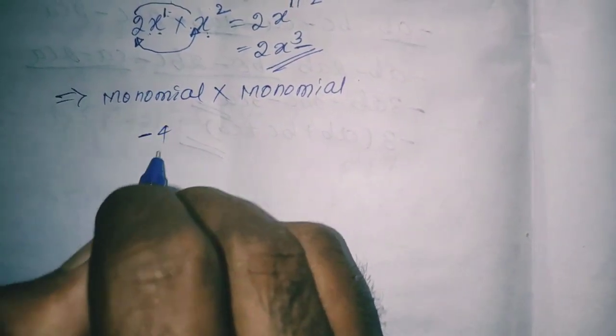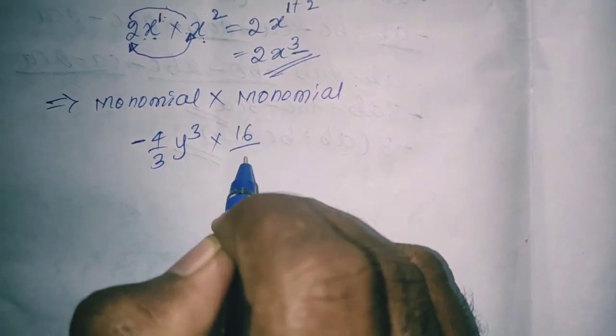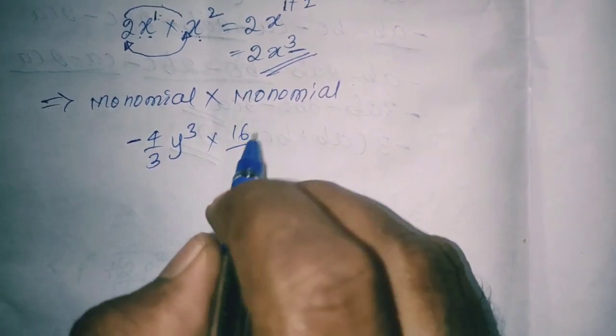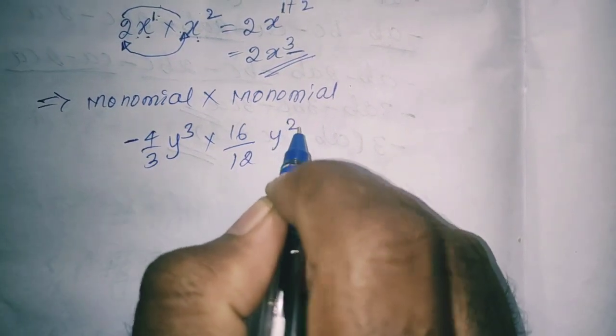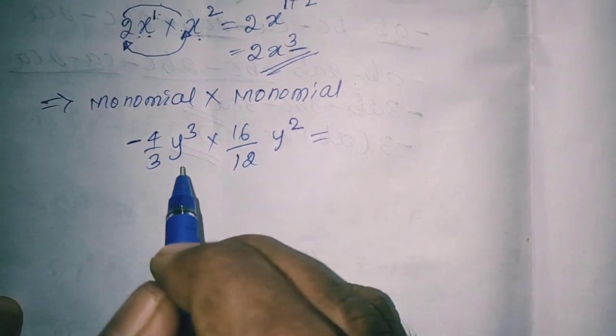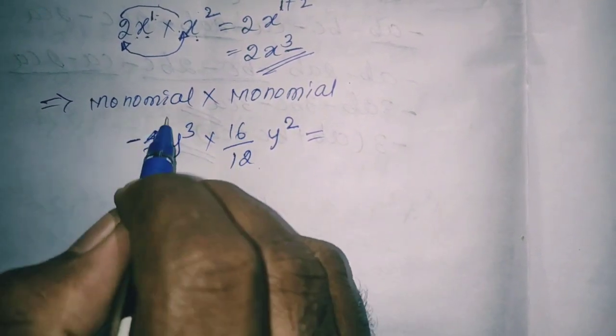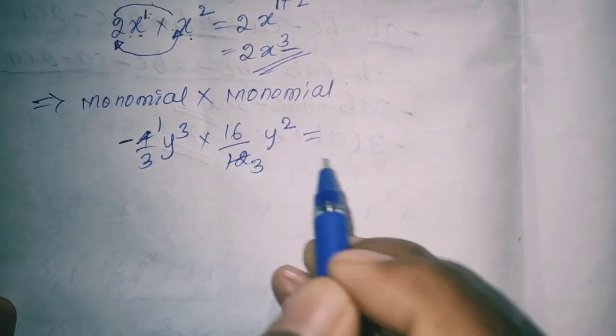I will take one more: minus 4 by 3 y cube into 16 upon 9 y square. See what will happen here. First, see, this is multiplied, divided. 4 ones are 4, 3s are.